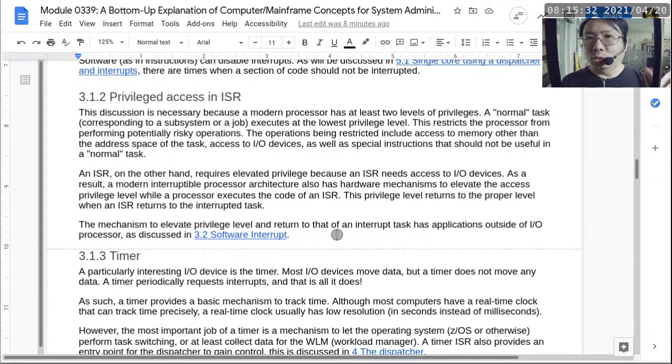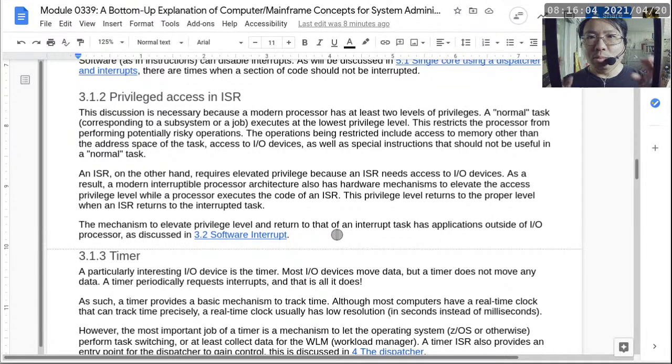So we don't want a normal program to have direct access to the channels, because you don't want a random program, maybe not out of bad intention, but accidentally tell a DASD to write some garbage over an existing track, because that's going to cause problems, right? Because that track may belong to a data set that this particular misbehaving program is not even accessing. So that's why we need protection.